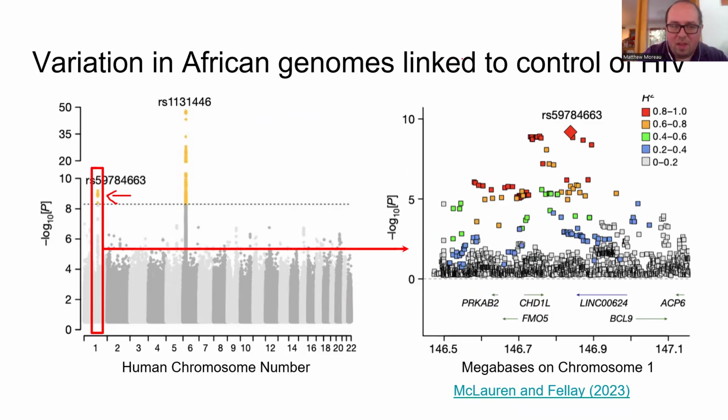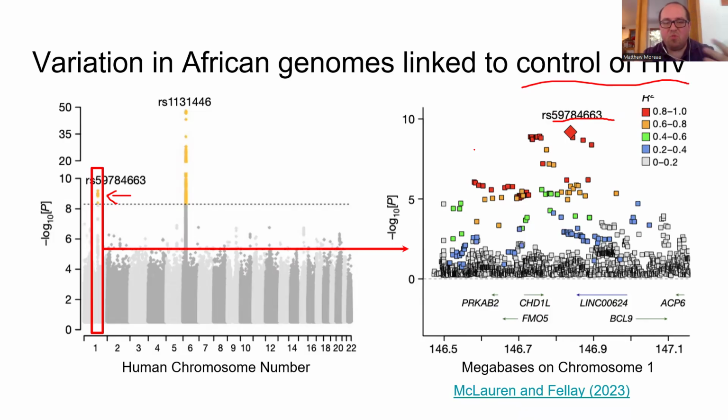So as we see here, this is in chromosome 1. Here is this gene, the RS or nucleotide, which is in the RefSeq location of 597846663, and it has a high hit rate as it relates to African genomes related to the control of HIV.